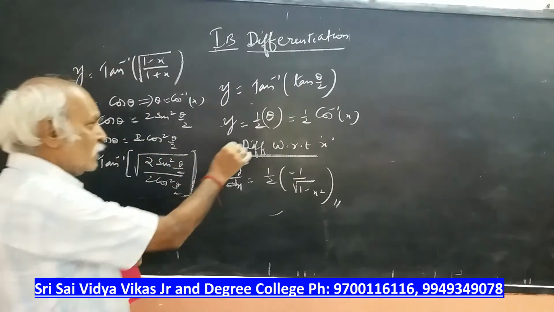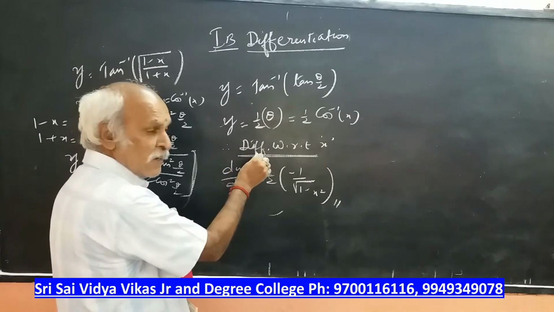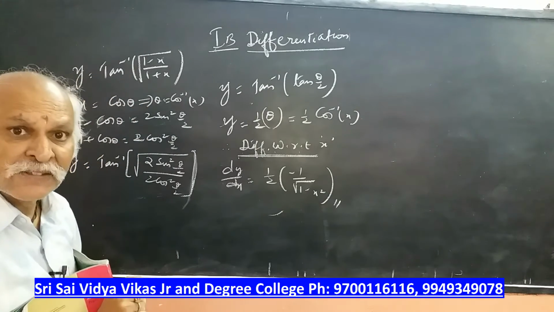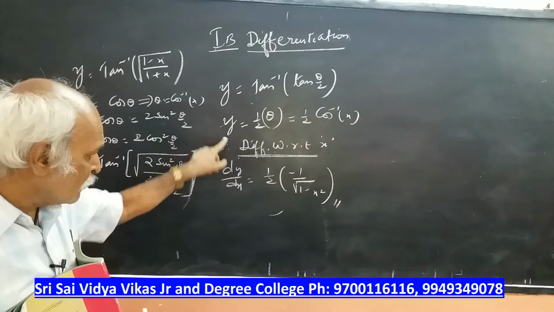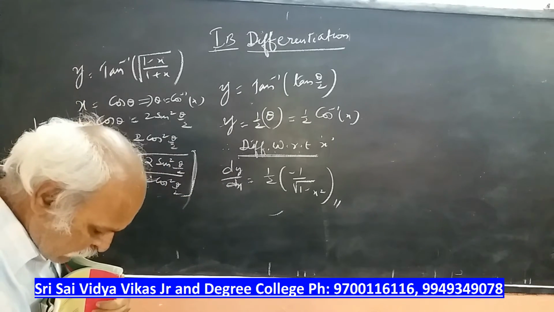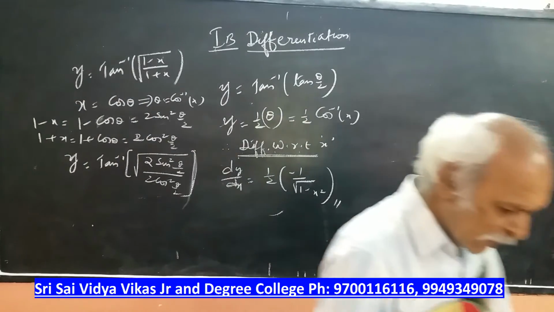Here DIFF means differentiate with respect to x. Every time I am writing this statement, sir, differentiate with respect to x means we are finding the derivative of this. Dy by dx is equal to 1 by 2 into minus 1 by root of 1 minus x square. Clear? So we have put a substitution and we got the answer.